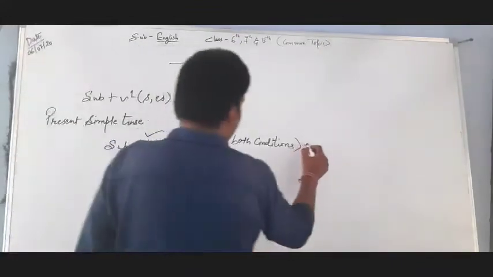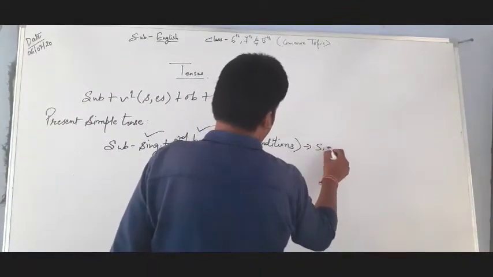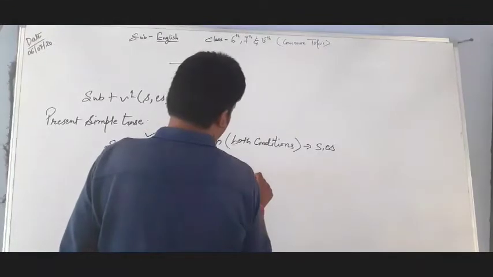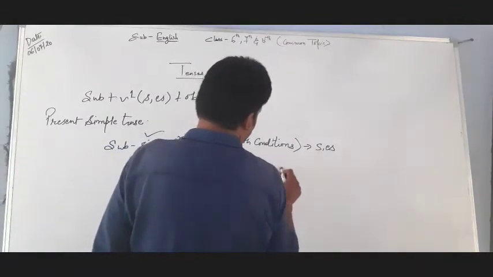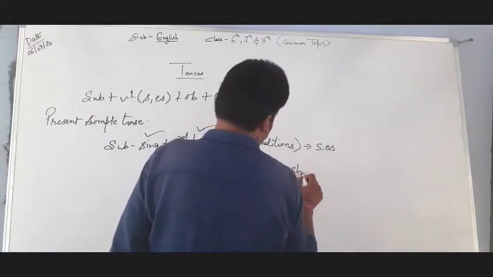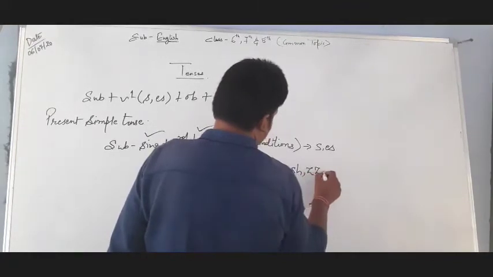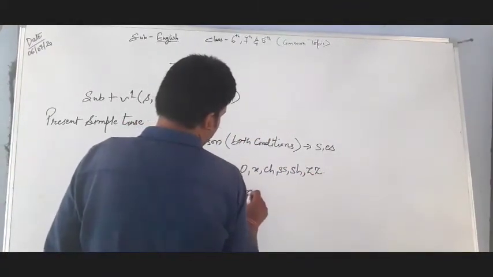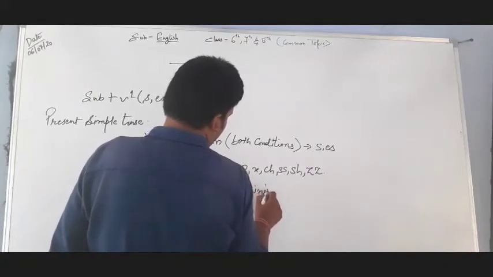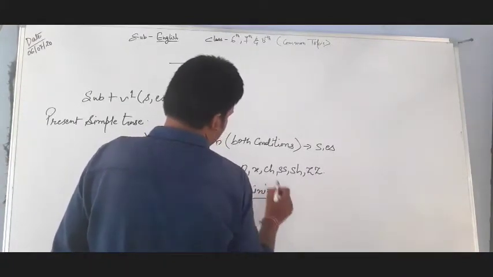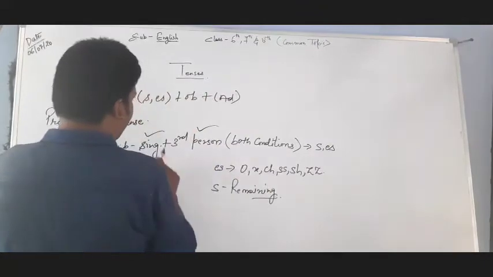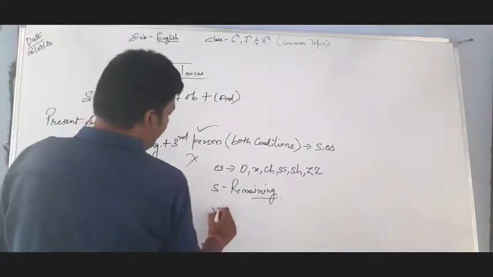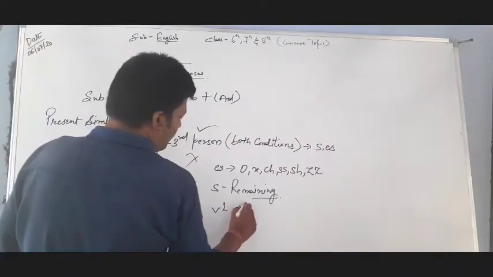Then I use s or es: es with words ending in O, X, CH, SS, SH and ZZ, whereas s with the remaining subjects. And if both conditions are not met, then verb first form only.